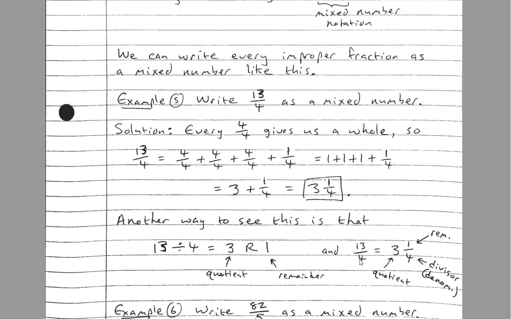We can use it to convert any improper fraction into a mixed number. Just do the division. The quotient gives you the whole number piece. The remainder gives you the top of the fraction, and the denominators are the same, so keep that 4 on the bottom.